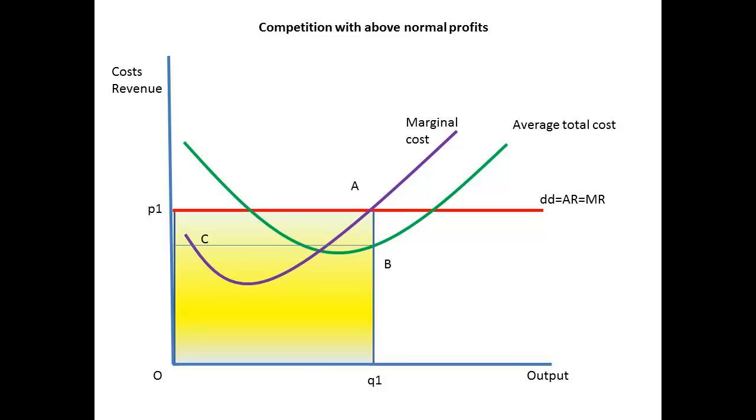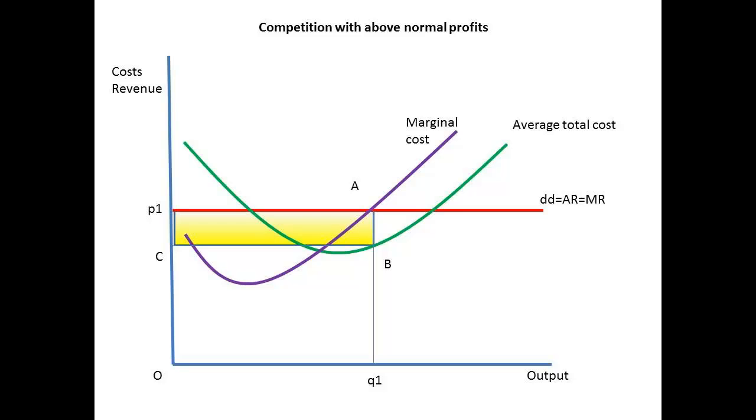At the equilibrium level of output, where the marginal cost curve cuts the marginal revenue curve, the total revenue is represented by the area of the rectangle OP1AQ1. Again, I have shown this area by shading. The firm is therefore earning revenue above total costs.